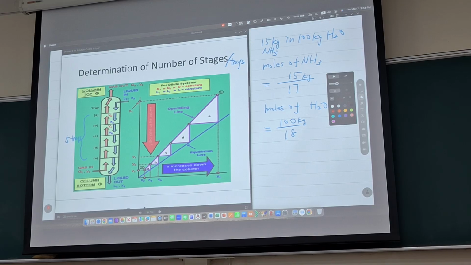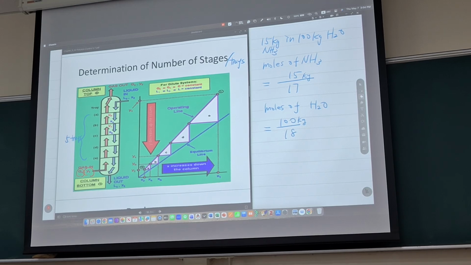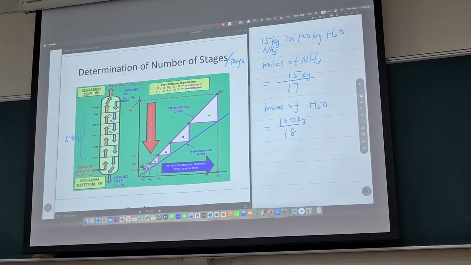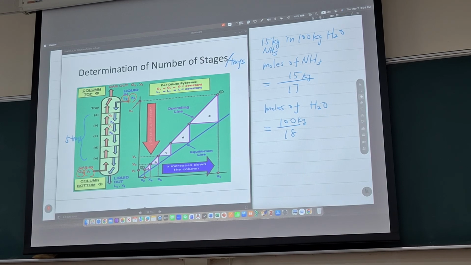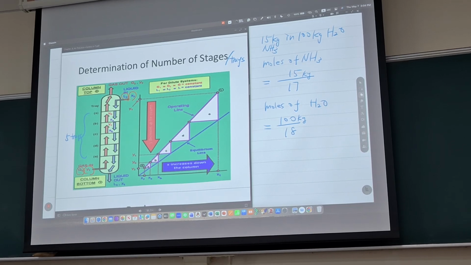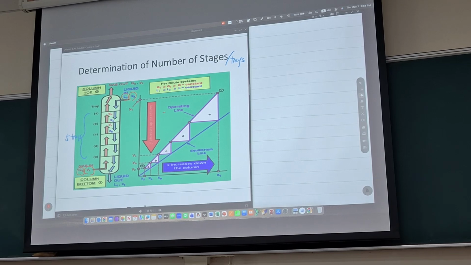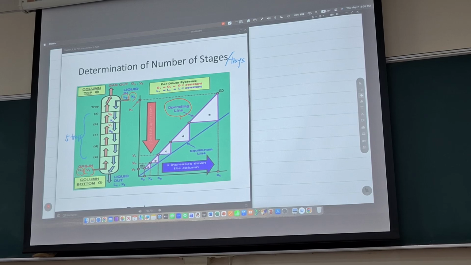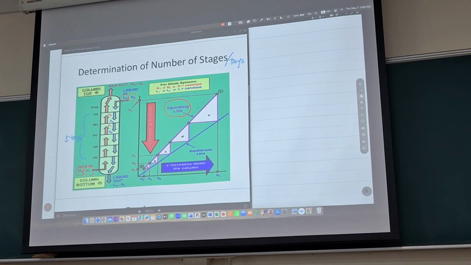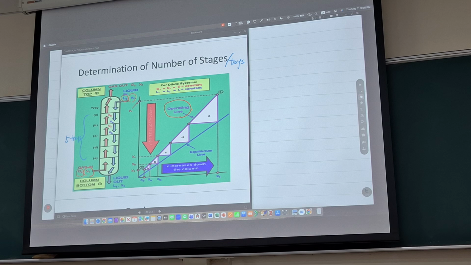Okay, so the gas enters at the bottom, and the liquid phase enters at the top. And these lines, the purple lines, represent something called operating lines.